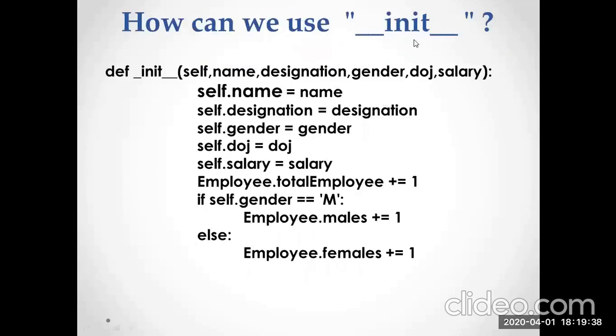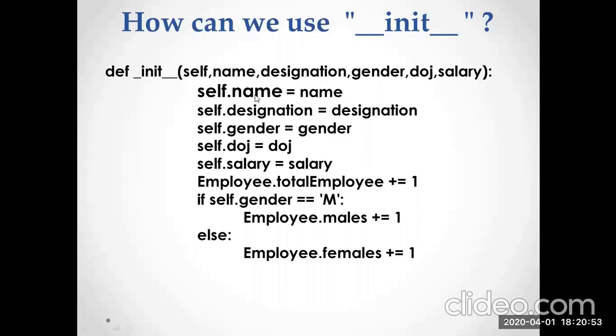As I said, the init method is automatically executed when an object of a class is created. The method is useful to initialize the variables of the class object. Note, init is prefixed as well as suffixed by double underscores. So in our program, we are going to make use of init in this way. We are going to assign name to the object's name variable.